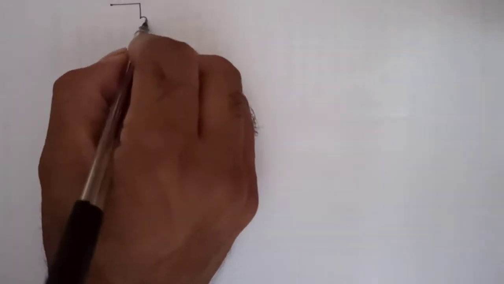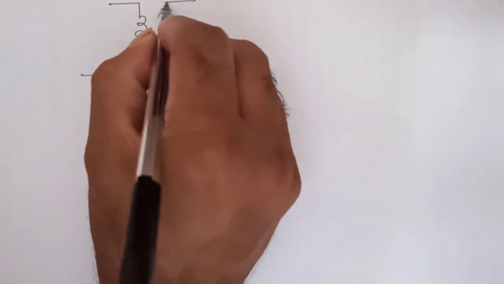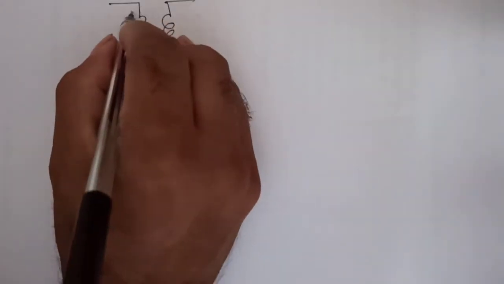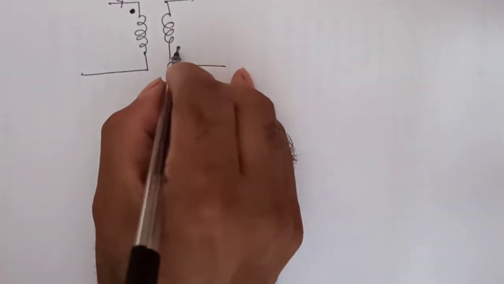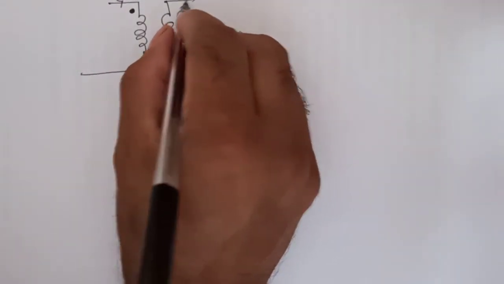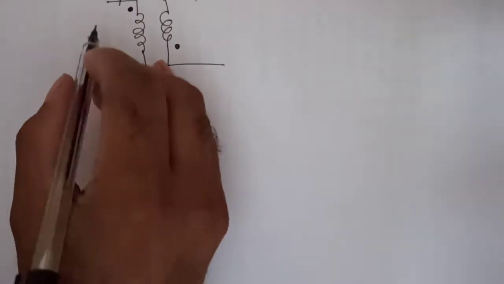Now let us take two coils arranged in such a way that the dot mentioned here means the current I1 is entering here, and the dot mentioned here means the current I2 is leaving through that coil.